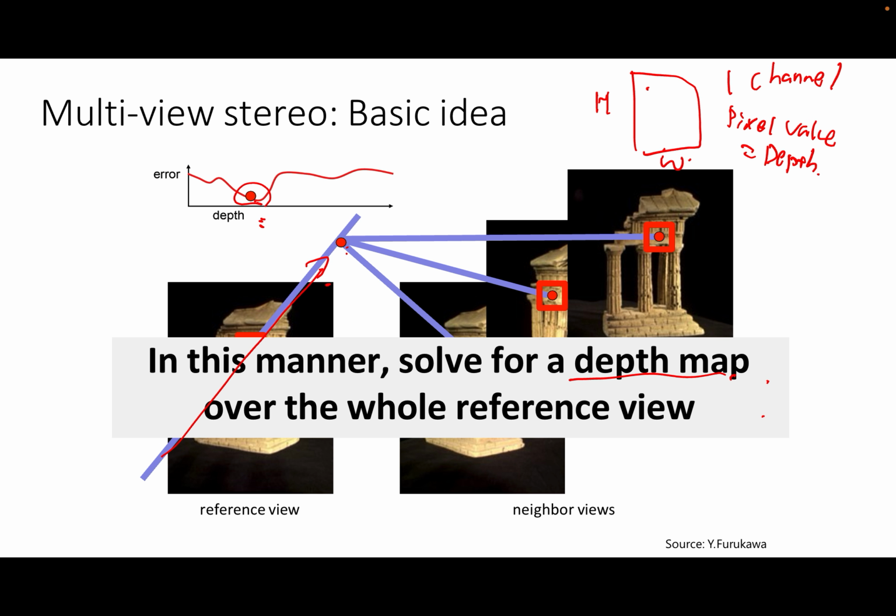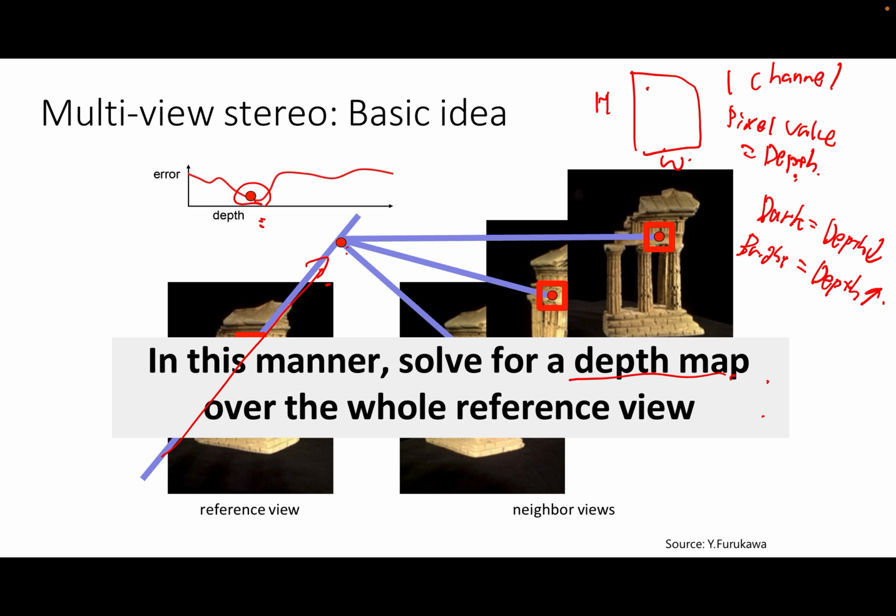Depth is the distance between camera and 3D point, right, along the z-axis. So it looks grayscale. The dark means depth is small, and bright means depth is high, right? So we can get a depth map for each reference view, right?